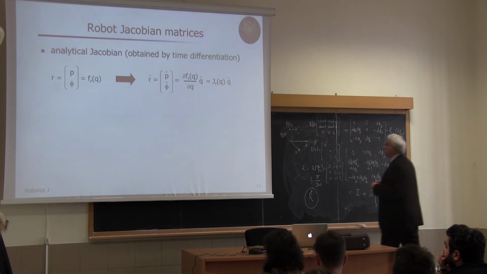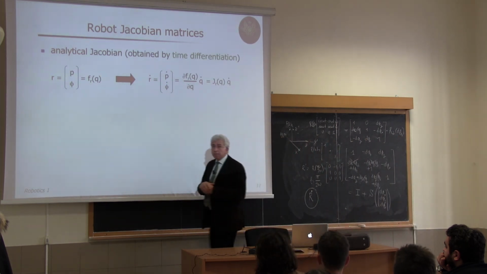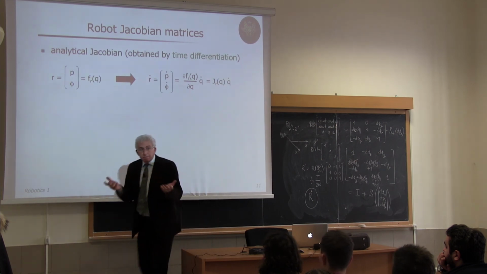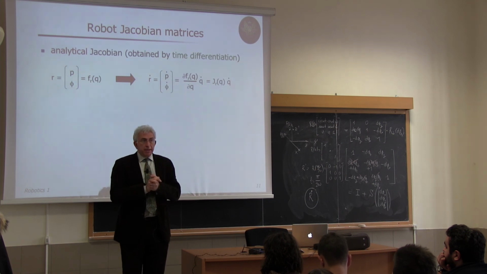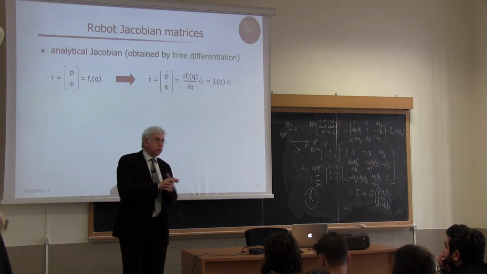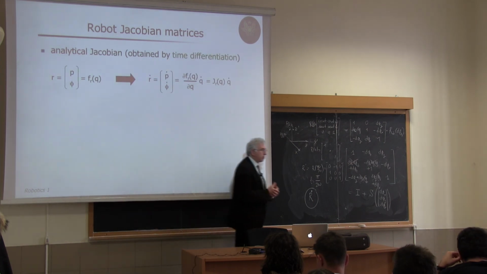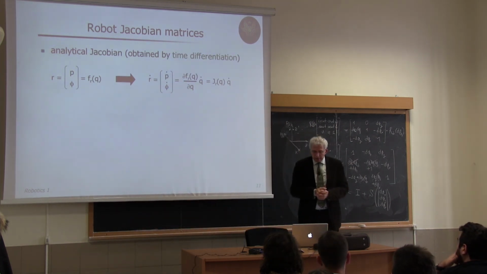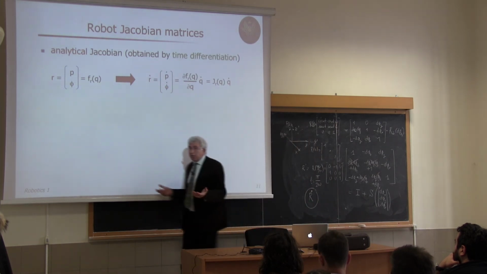And we can do this in two ways, as I anticipated at the beginning, either by performing time differentiation of a direct kinematic map or by considering geometry. Okay? And geometry means directly working with linear and angular velocities. So the first way is pretty much simple.